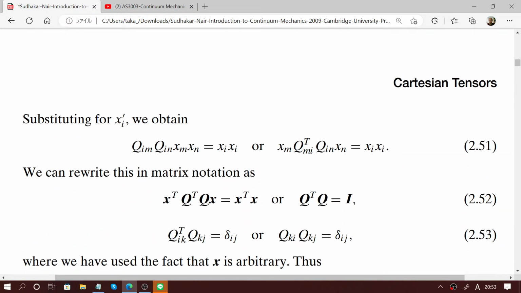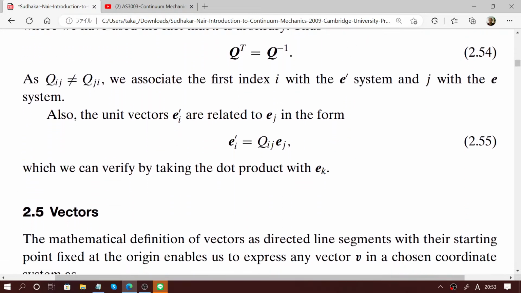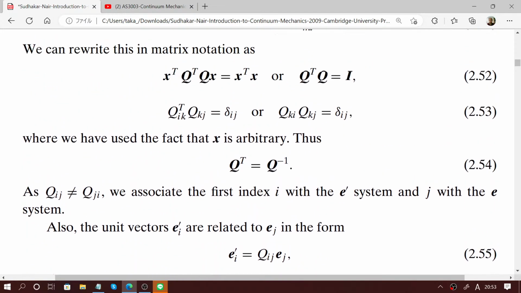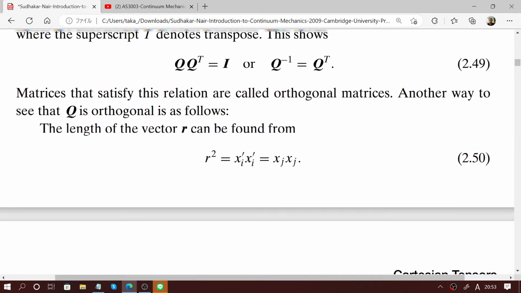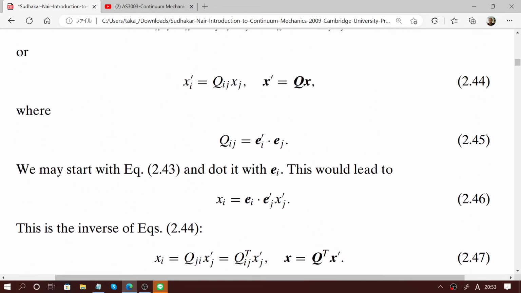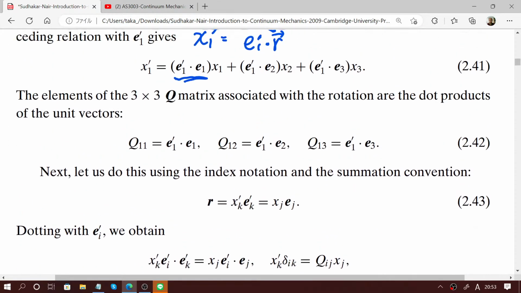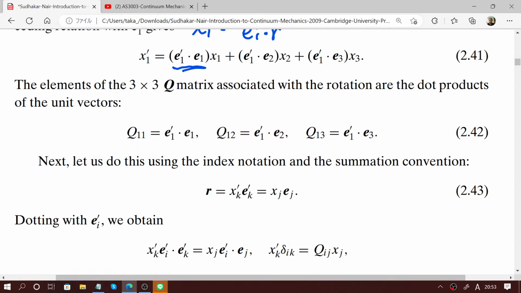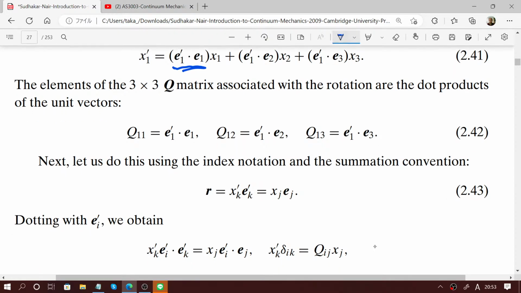This is a lot of mathematics. See, here we want to know this matrix.